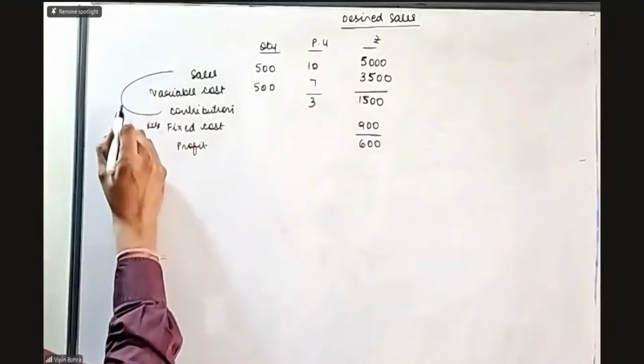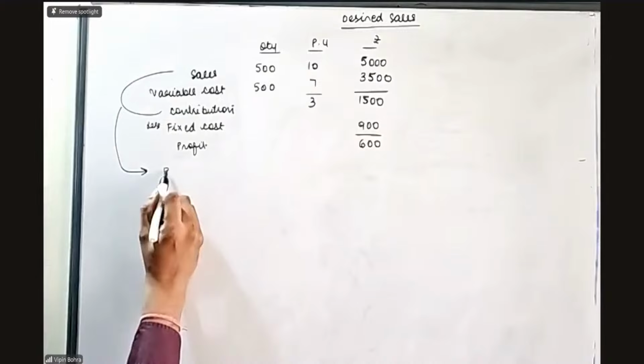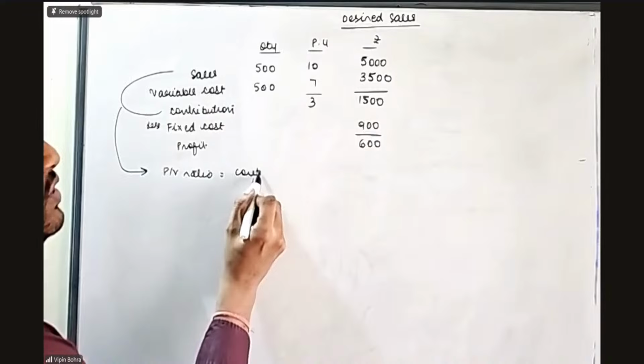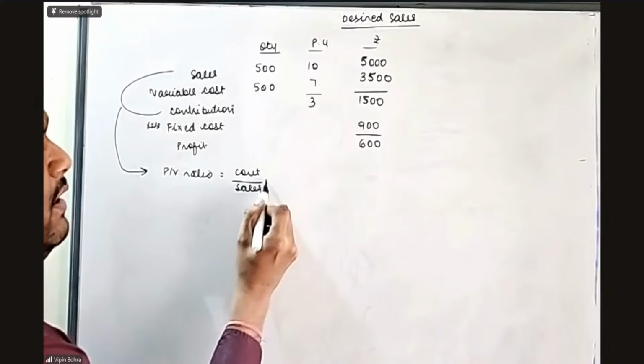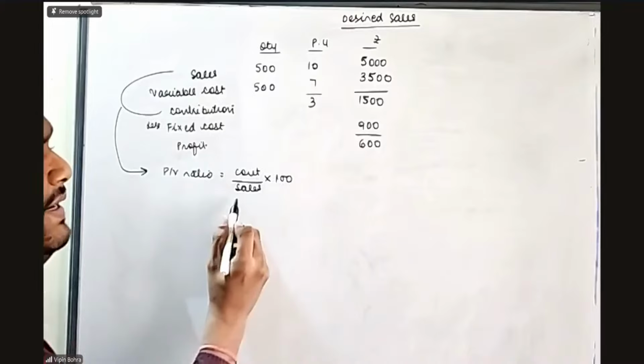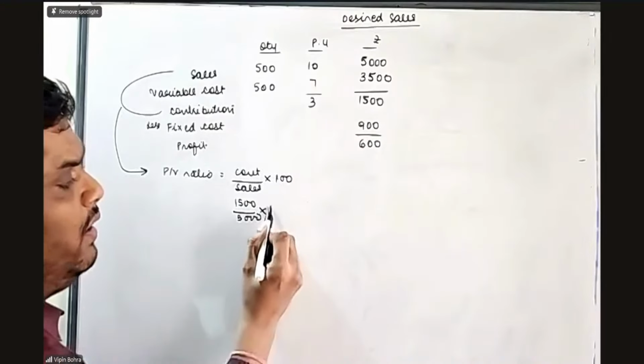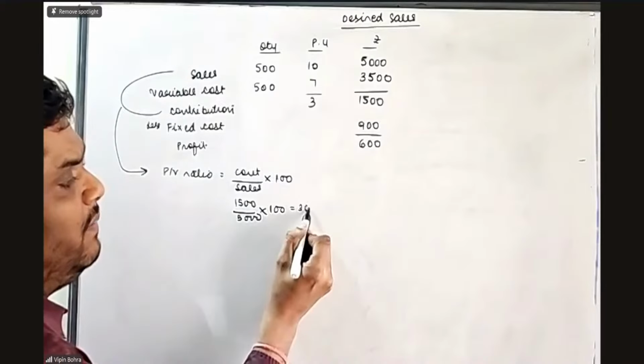The relationship between contribution and sales, we call it PV ratio. That is contribution divided by sales into 100. That is 1,500 divided by 5,000 into 100. That is 30%.